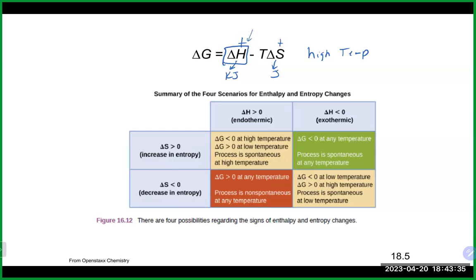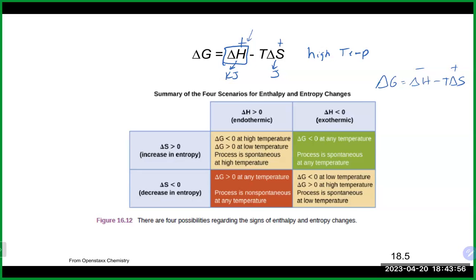If you have this equation and you have a delta S that is positive and a delta H that is negative, which is an exothermic situation, what happens now? Does the temperature matter?